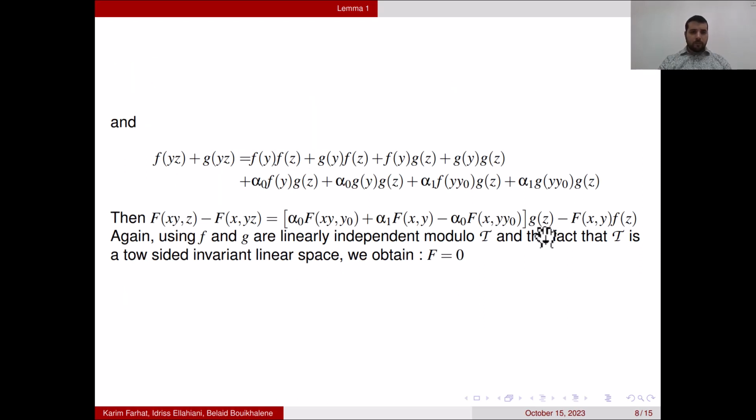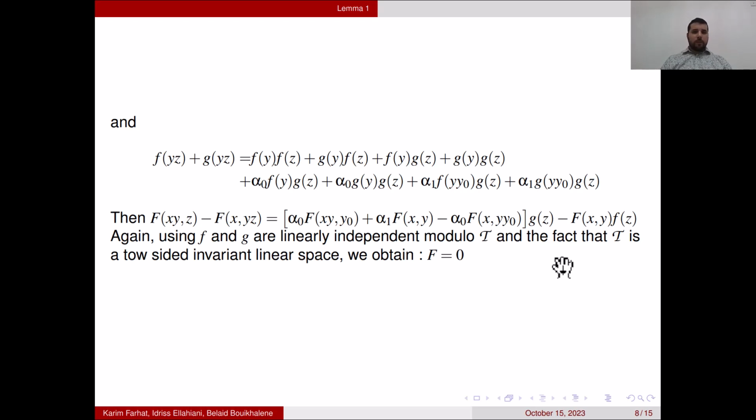Then we obtain F(xy,z) − F(x,yz) = α0 F(xy,y0) + α1 F(x,y) − α0 F(x,y0) multiplied by g(z) − F(x,y) multiplied by f(z).